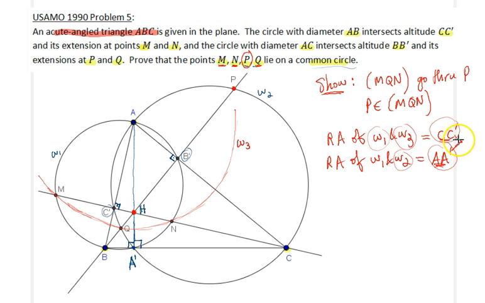So these 2 radical axes meet at this radical center. It must be that our circle goes through that point P. Why is that?